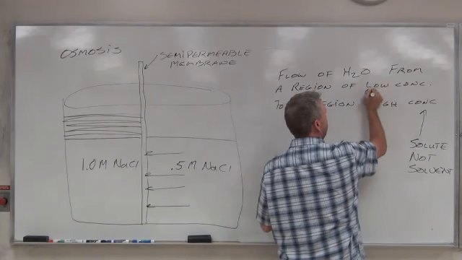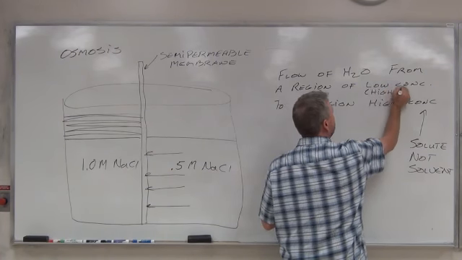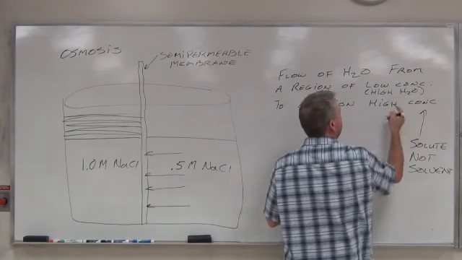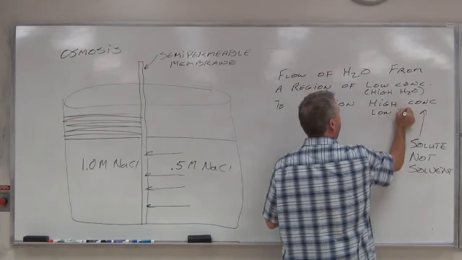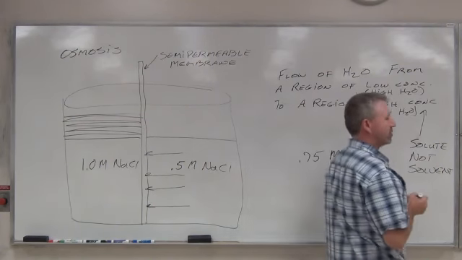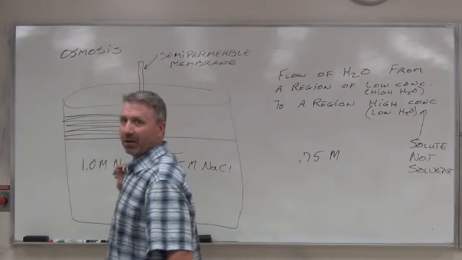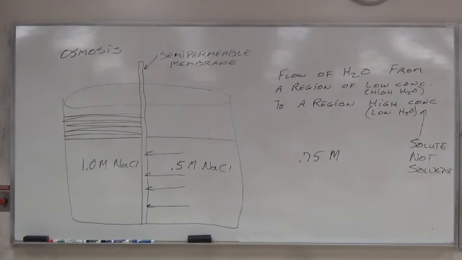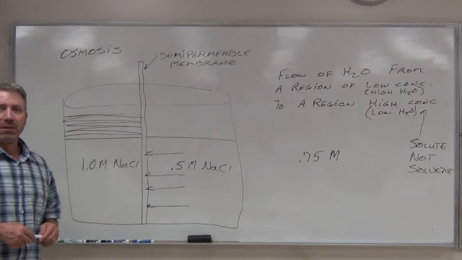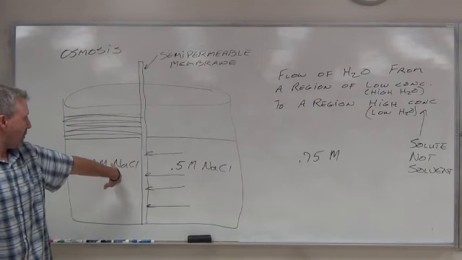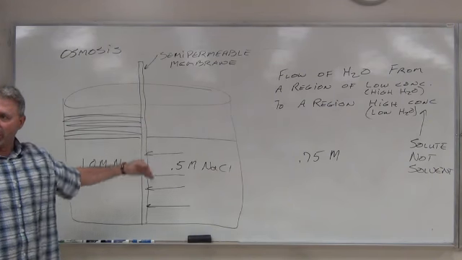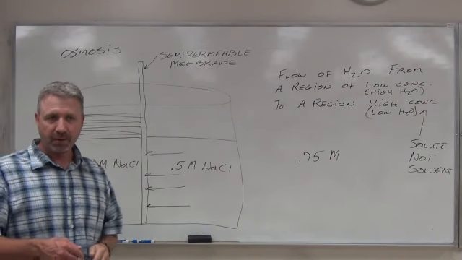Low concentration here would be high water. High concentration would be low water. So when you're talking about water going from a region of low solute concentration, you're still talking about it running from high water concentration. That's the confusing part about osmotic pressure. And it will flow across until the two solutions are equal. Okay?